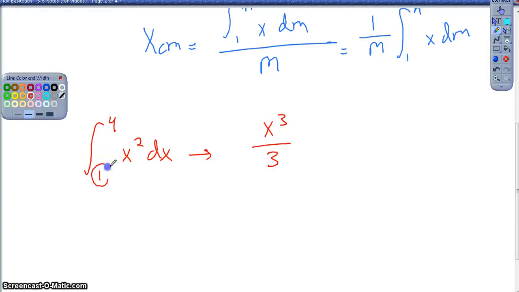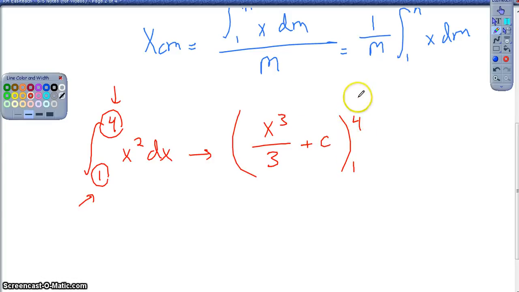And then these are the parameters that I plug in. This is my final position, this is my initial position, so those are the values that we plug in for x. Rather than worrying about the plus c, which we normally do when we integrate, because we're going to plug in those parameters of 1 and 4, the c is going to be irrelevant, and you will see what I mean as I do this.